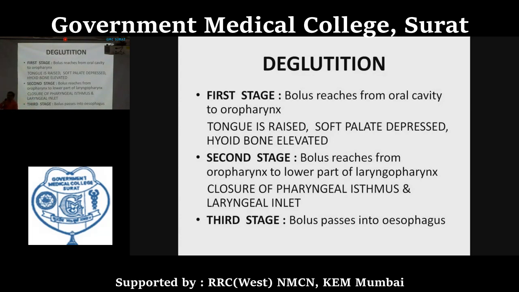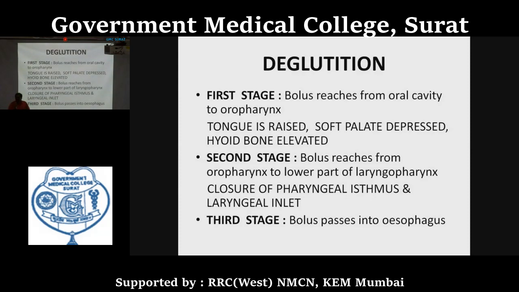Now, within the first stage, certain processes take place. First, when the bolus is put in, the anterior part of the tongue gets raised. This raising of the tongue pushes the bolus towards the posterior part of the oral cavity. This raising of the tongue is done by certain intrinsic muscles of the tongue, the intrinsic lingual musculature.